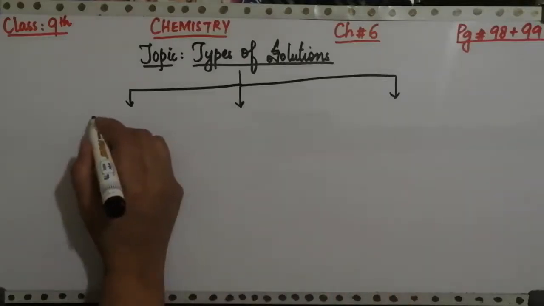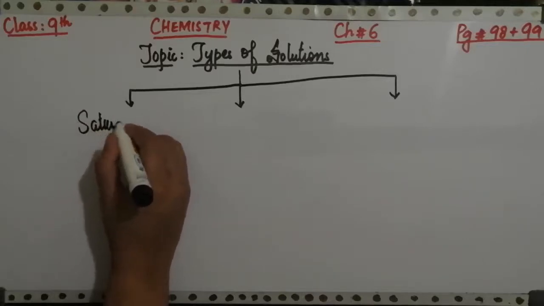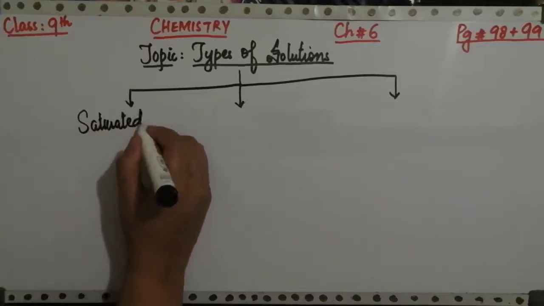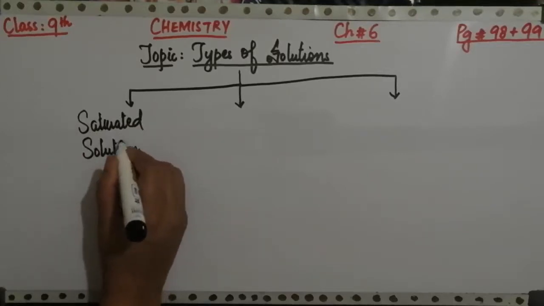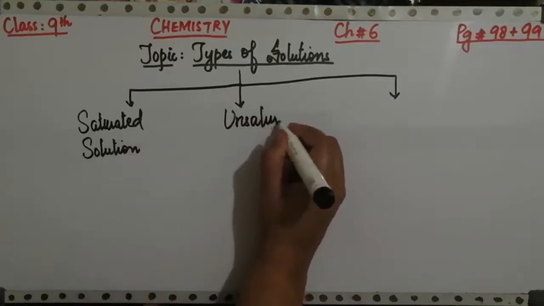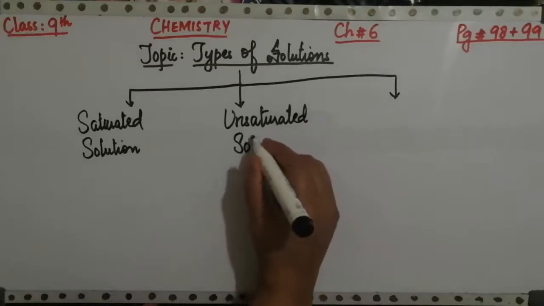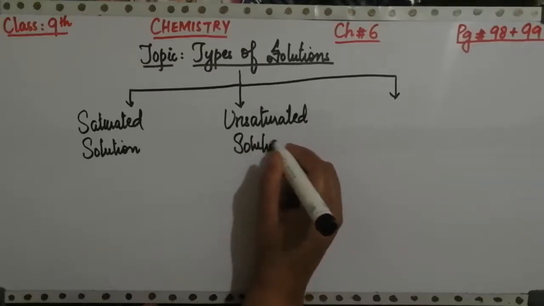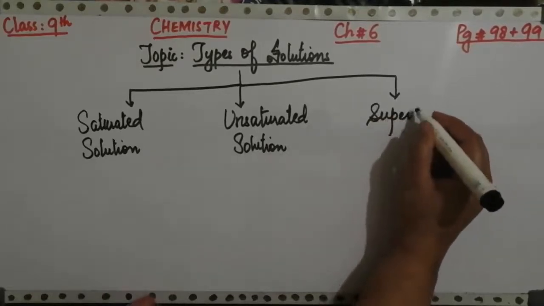The first type is called the saturated solution. Then we have another type called unsaturated solution. And the third type is called supersaturated solution.